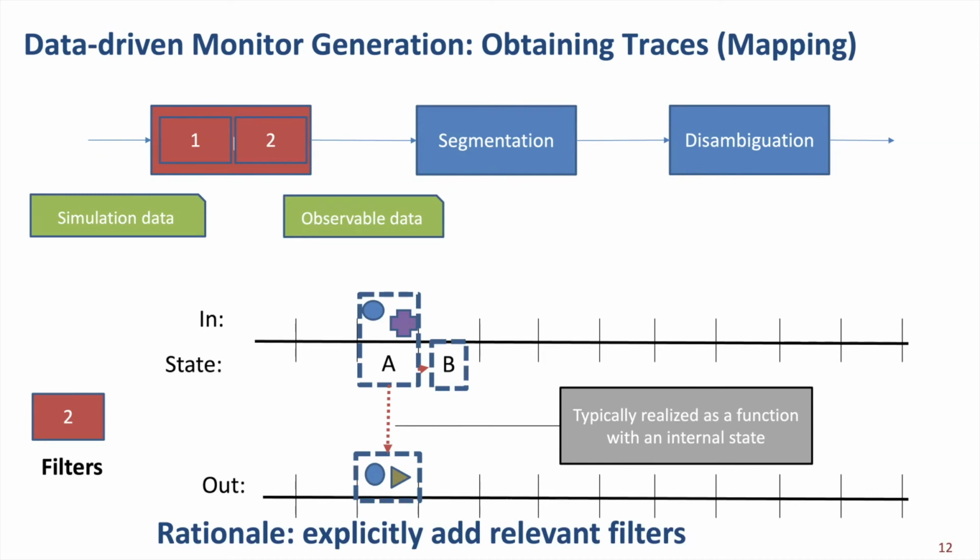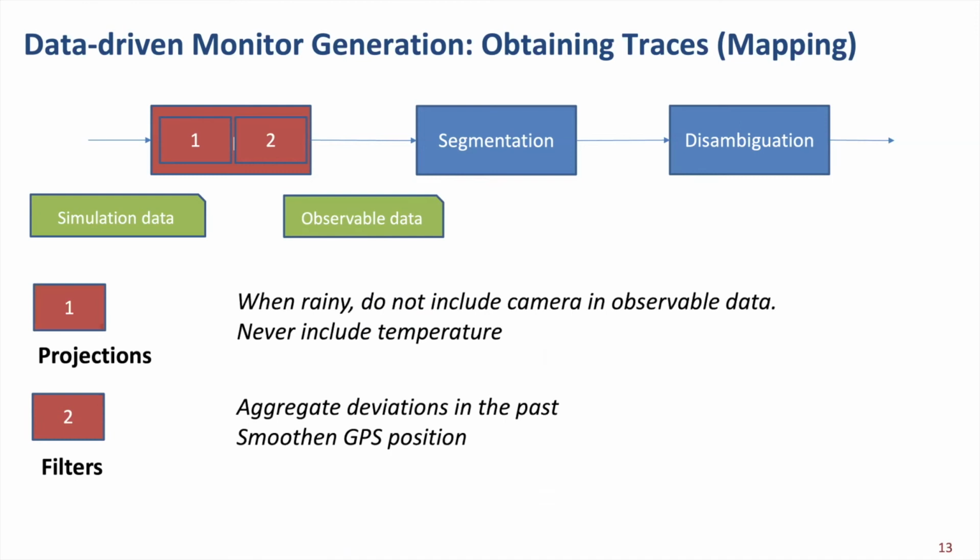And why do we need these two things? Well, projections can be used, for example, when it's rainy, we do not want to include a camera in the observable data. We might have a very cheap temperature sensor, which we deem not reliable, so we want to exclude that, and so forth.